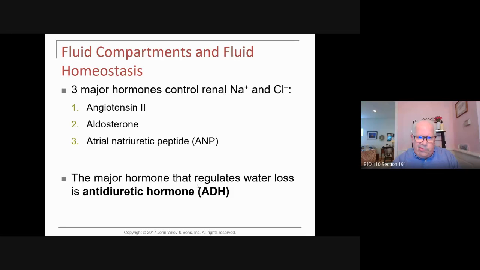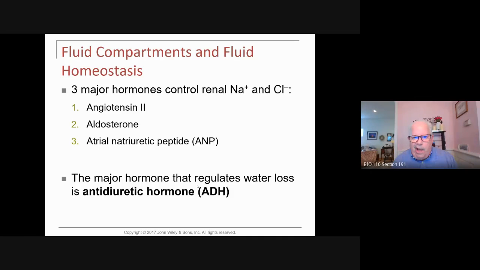So we know where the 3 above come from. I will tell you again where antidiuretic hormone comes from, ADH. It comes from the posterior pituitary. It's actually made in the hypothalamus. It's stored in the posterior pituitary.